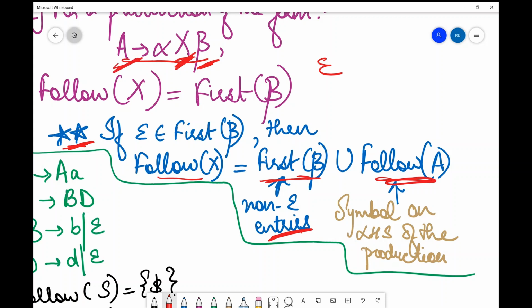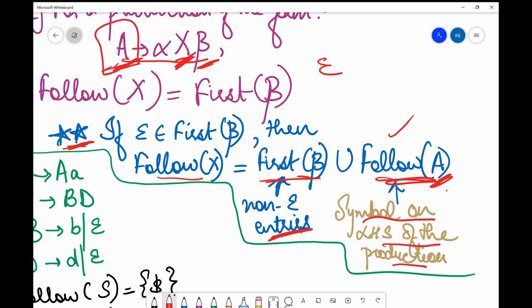Now students, please pay attention to this. Since this is the general notation which is written in many books, when you are solving the question, many of us just simply write the follow of A. But you need to pay attention that over here it is not A, but it is the symbol on the left hand side of this production.